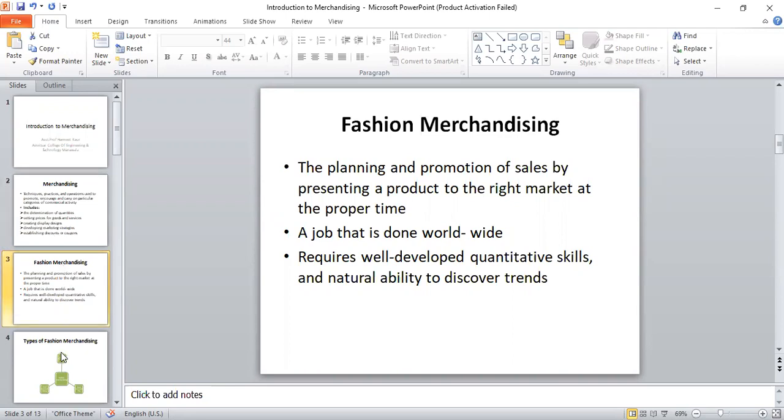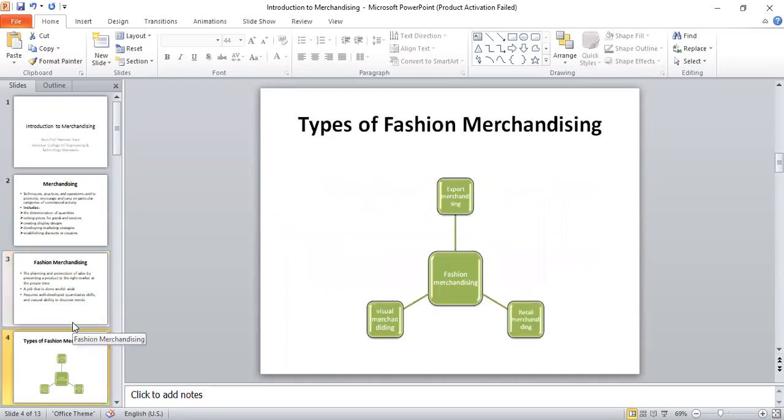So the next is types of fashion merchandising. There are three types: export merchandising, retail merchandising, and visual merchandising.